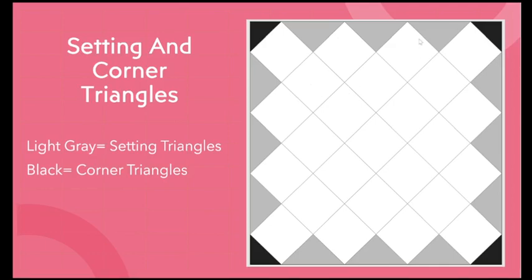I'll show you in a minute, we'll go a little bit more in depth, but we want to keep the bias away from this particular edge just so that it helps to lay flat, and we want this and this in the corners to also be straight.